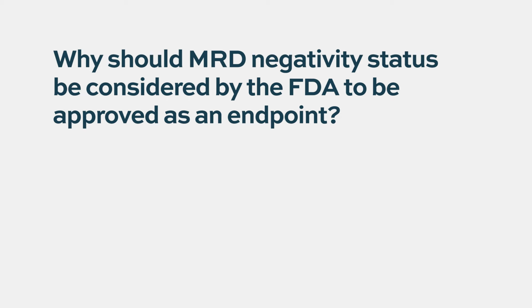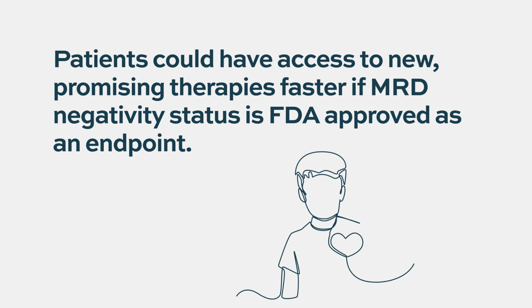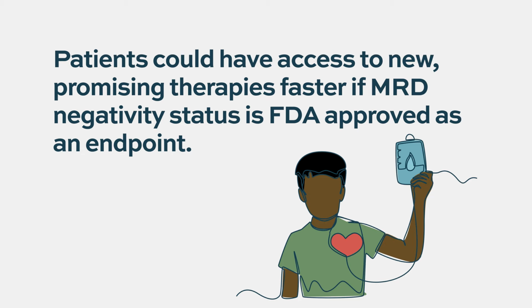And the major benefit is that the time it takes to collect MRD data is much, much shorter. You could collect it within a year, and PFS could take 5, 6, 7 or more years to collect. So patients will get access to the drugs faster. This is the direction the field is moving. The FDA will have to make a decision in favor of MRD, and it's just a matter of time.